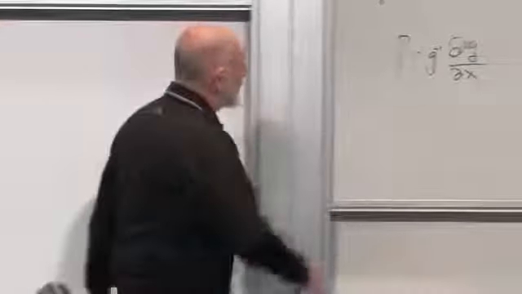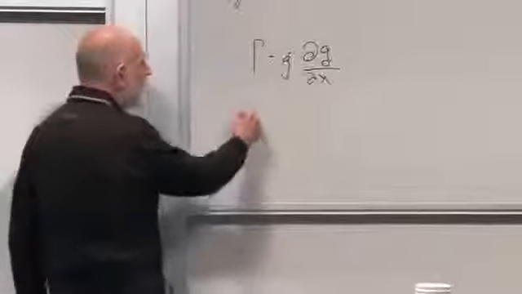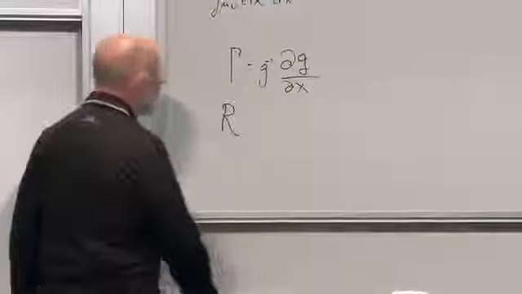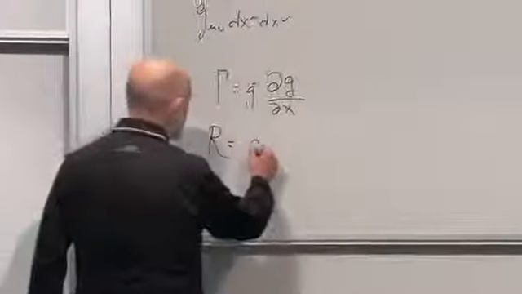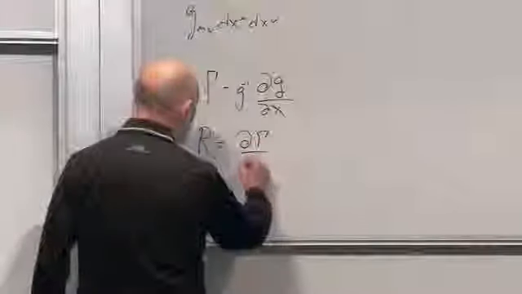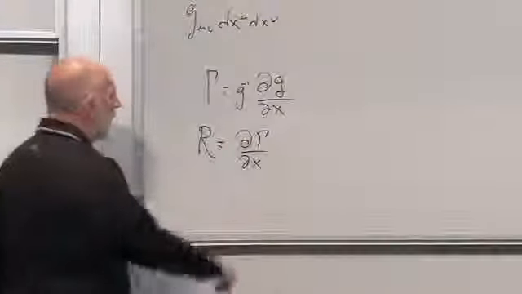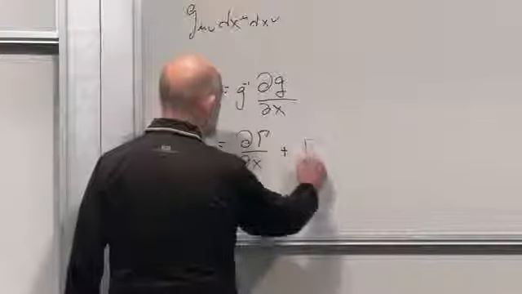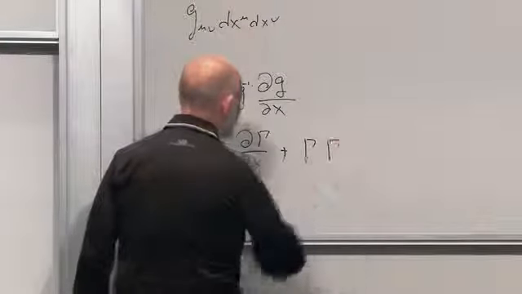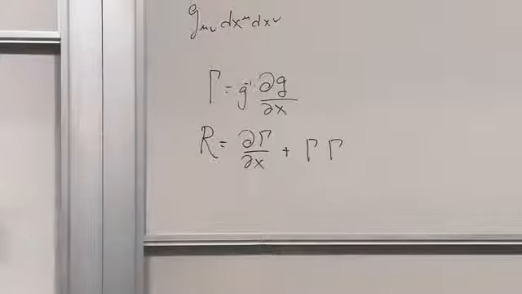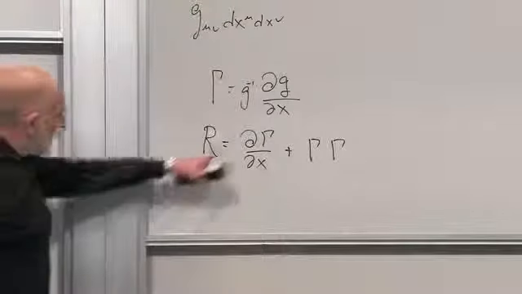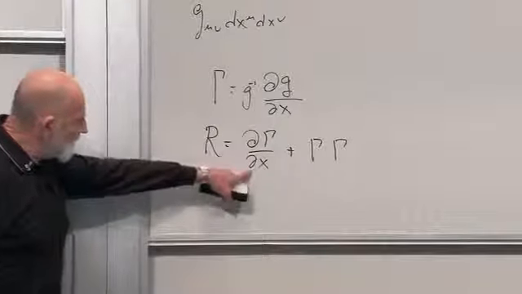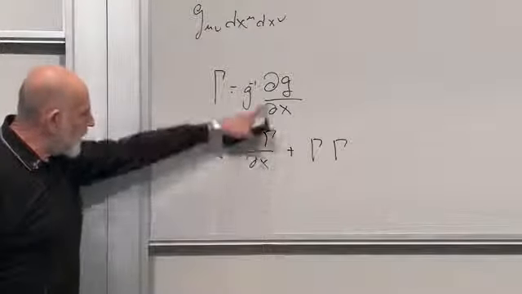Now, if you remember, or if you don't, I'll tell you now, the curvature tensor contains two kinds of terms. It contains derivatives of the Christoffel symbol, and it contains the Christoffel symbol squared. Don't try to remember the formula. It's not important. This term will have units of 1 over length squared.